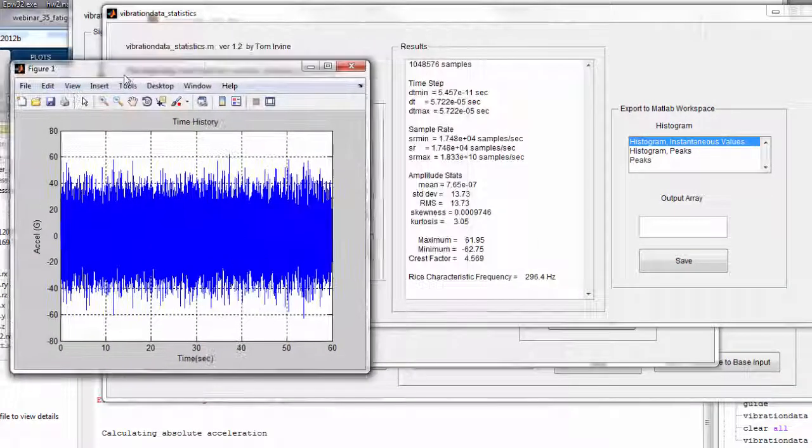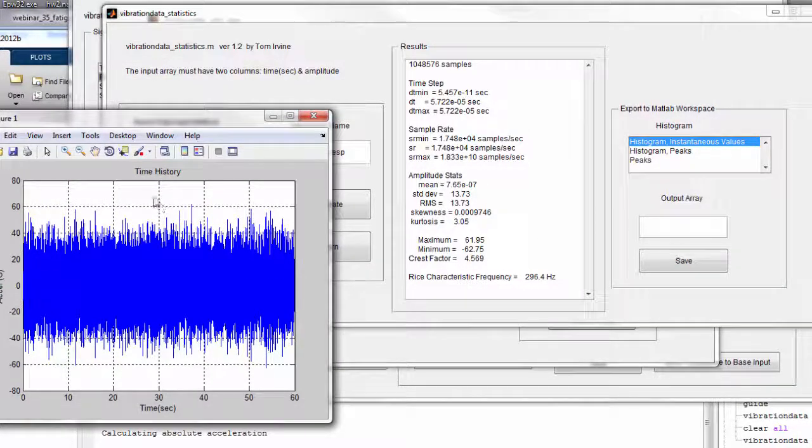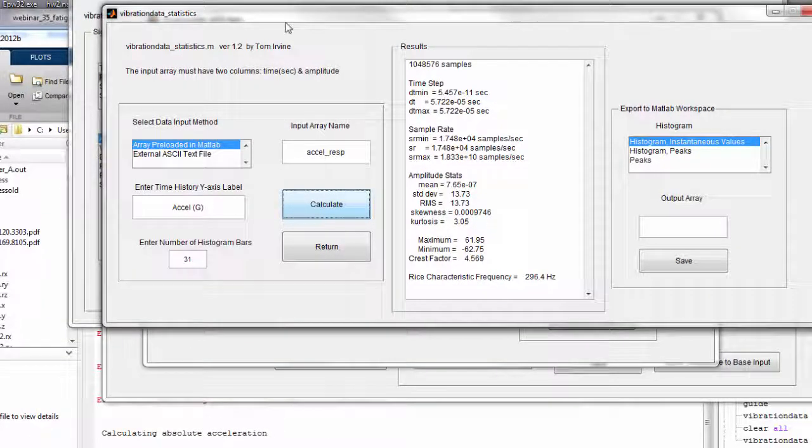Okay, we've already seen this time history. That's just a response time history. So some of the statistics you've seen before. You can see the mean value is essentially 0. Standard deviation and RMS are equal to one another out to the second decimal point. Skewness, approximately 0. We're going to talk about skewness and kurtosis.